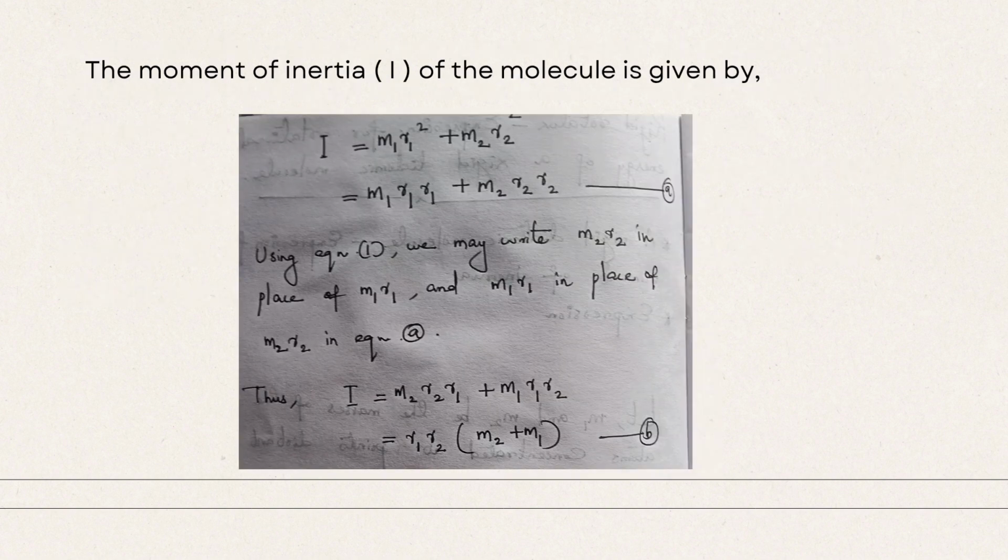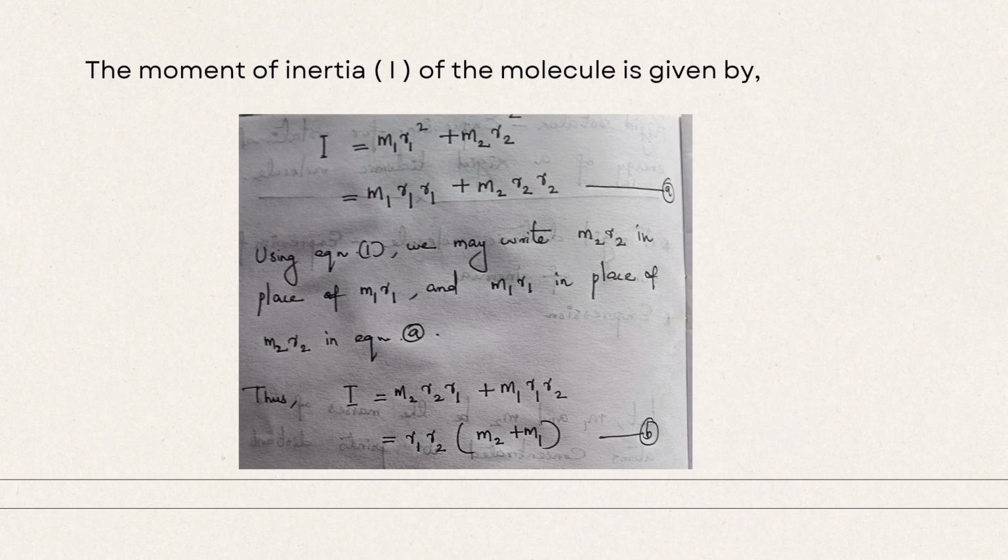The moment of inertia I of the molecule is given by I = m1 r1² + m2 r2², which can be written as m1 r1 r1 + m2 r2 r2. This is equation A. Using equation 1, we may write m2 r2 in place of m1 r1 and m1 r1 in place of m2 r2 in equation A.